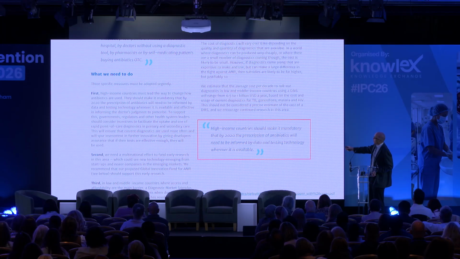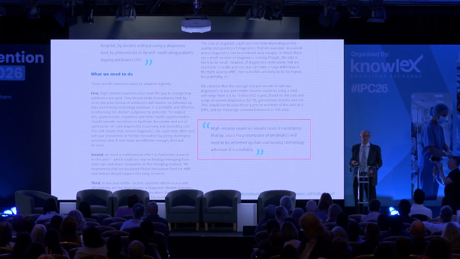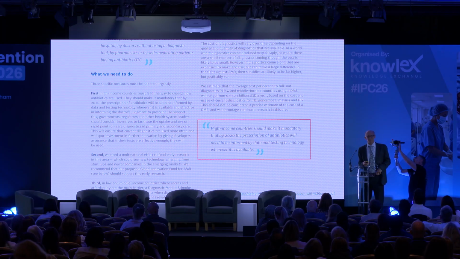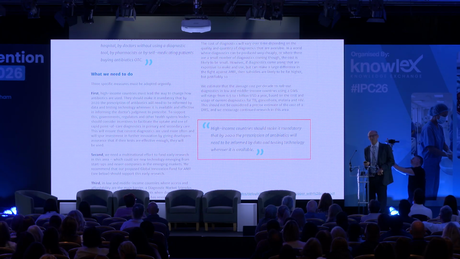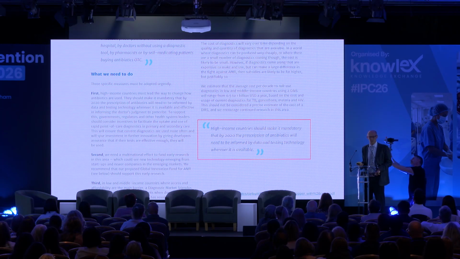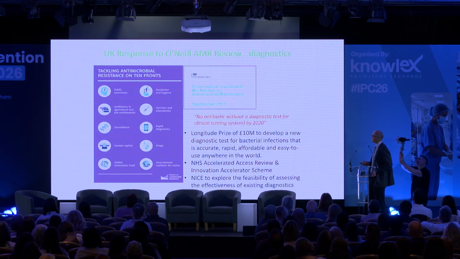So one of the recommendations was that, and I'm not going to read out what's in that box, but I ask you the simple question: have we moved much closer to a mandatory use of a diagnostic for each and every infection? And the answer is we've moved barely at all.